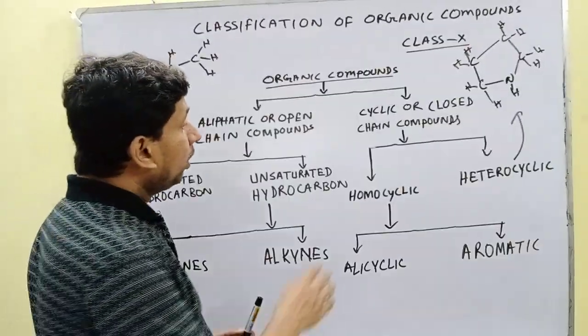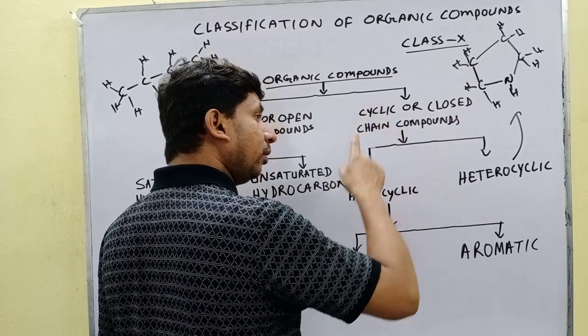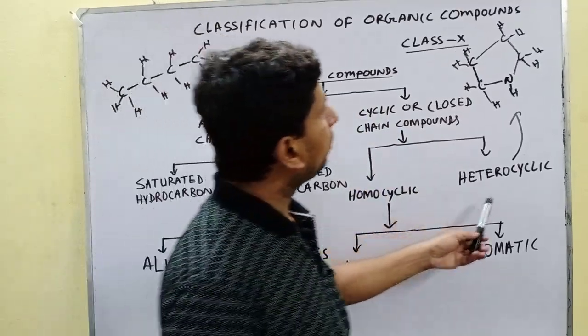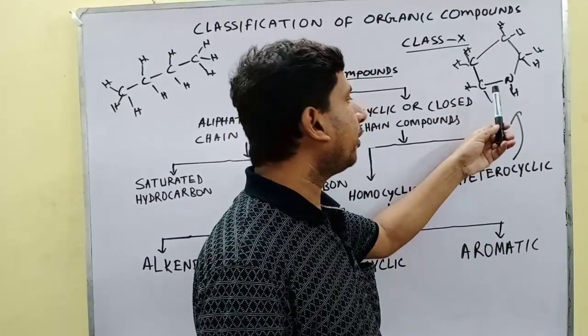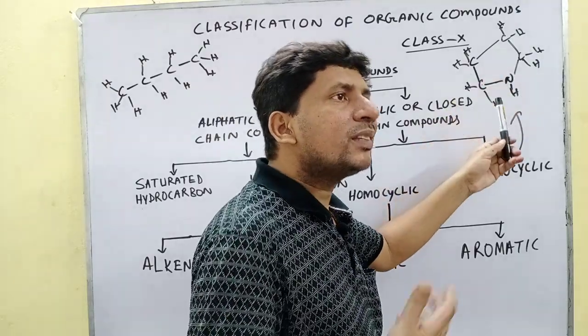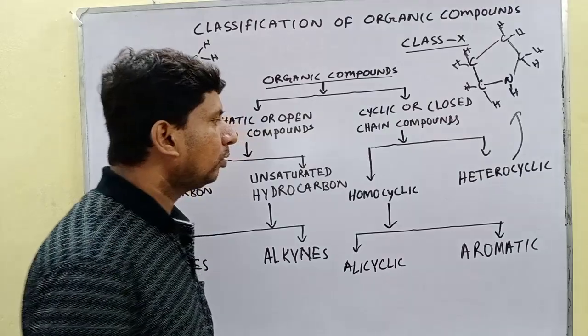Homocyclic means the same atom in the cycle, and heterocyclic means another atom, such as nitrogen among the carbons, so it is not the same atom in the cycle.